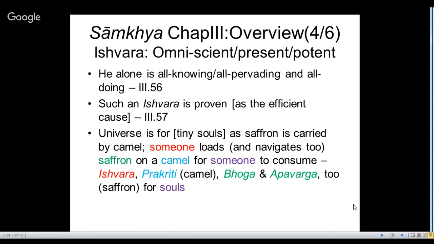So the statement 56: He alone, Sa hi, Sarvakarta. So Sa is actually a pronoun meaning he. But in our tradition, that entity Ishwar is always referred to as he, never as this. Because there is a philosophical basis for that.